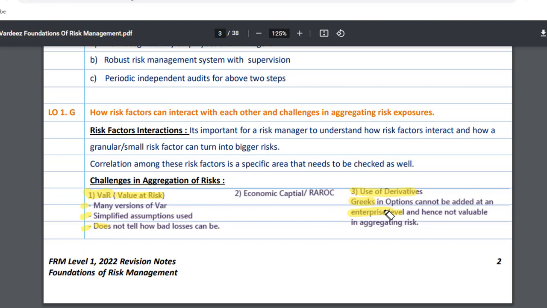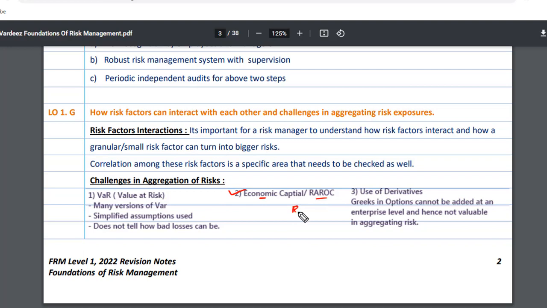We have a separate delta for a particular option, and we have a separate delta for a particular portfolio. You cannot club it together. So that is why these Greeks are also not useful when we are trying to aggregate the risk exposure. What we can use is either the economic capital or the RAROC. RAROC is the risk adjusted return on capital.